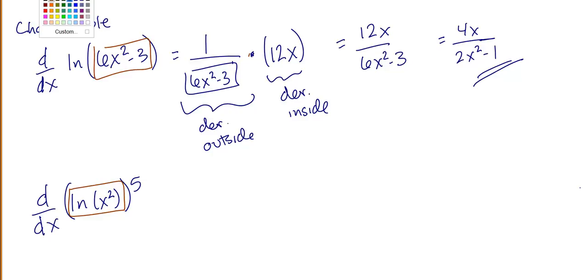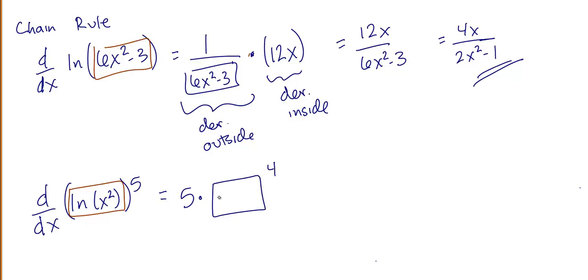So when I take my derivative, say, okay, so I have something raised to the 5th power, so that derivative will be 5 times whatever's inside the box raised to the 4th power. And inside my box, I still have the natural log of x squared. Times, now I need to do the derivative of what's inside the box. But notice inside the box, we have another chain rule. So now we have x squared is inside the box.